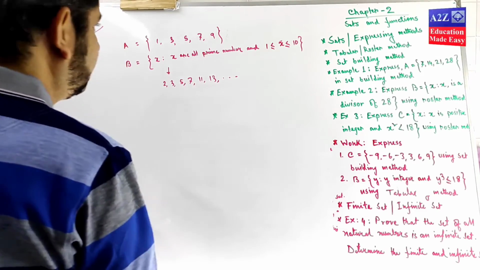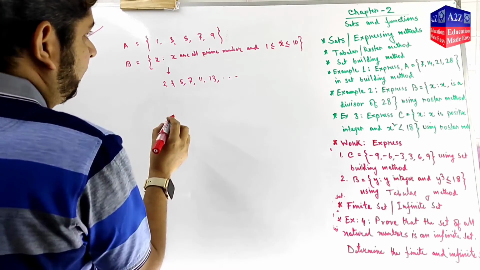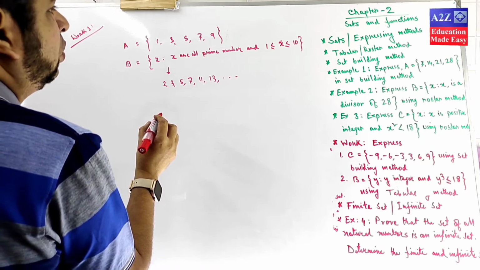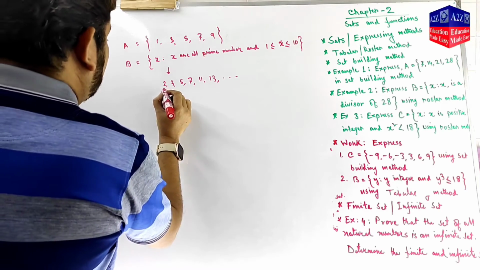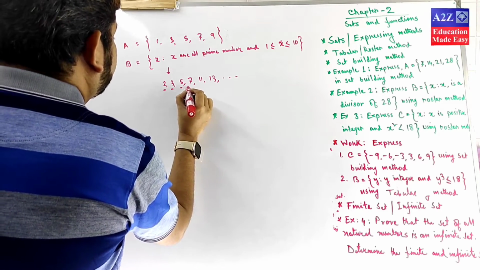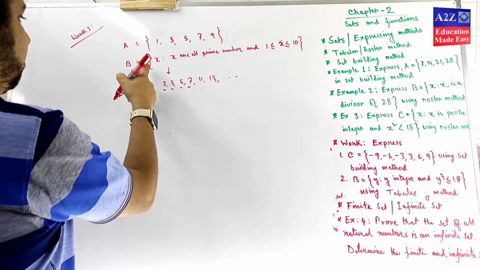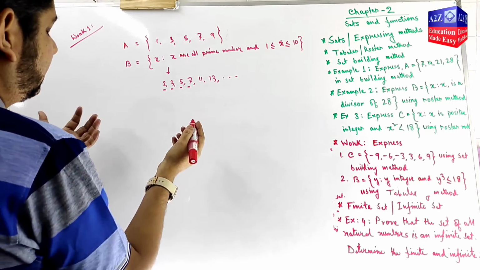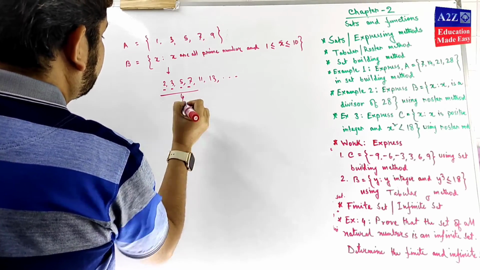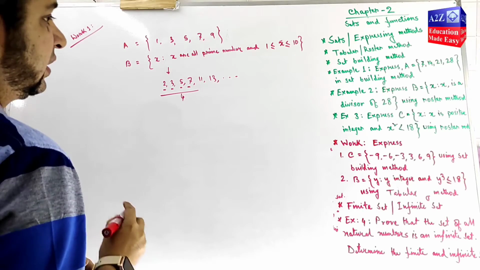This is from the first property, and from the second property, x will be ranging between 1 to 10. So we will take only 2, 3, 5 and 7. These 4 elements are the members of this set. So elements are very easily countable, only 4 elements. So this is a finite set.